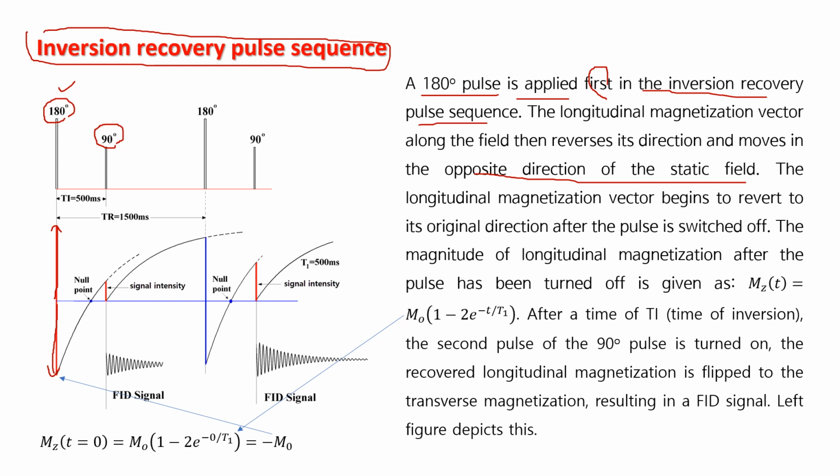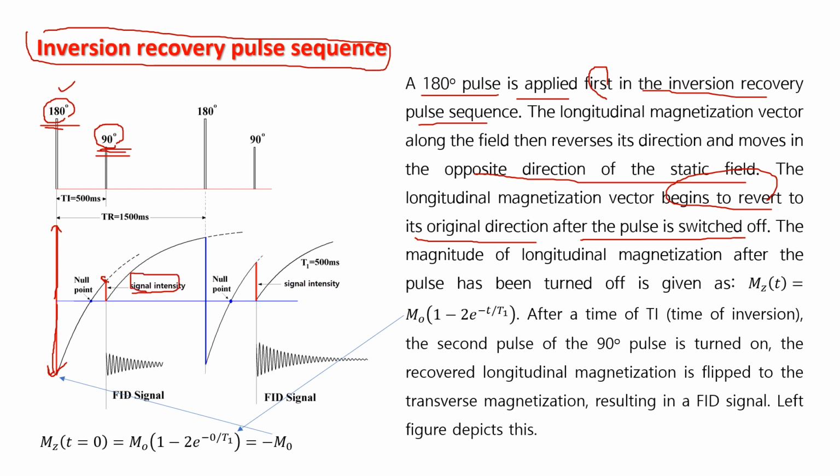The longitudinal magnetic vector begins to revert to its original direction after the pulse is switched off. So this magnetic vector is recovering after the 180 pulse. It's recovering in this way. And at this point, a 90-degree pulse is applied and the signal will be detected.